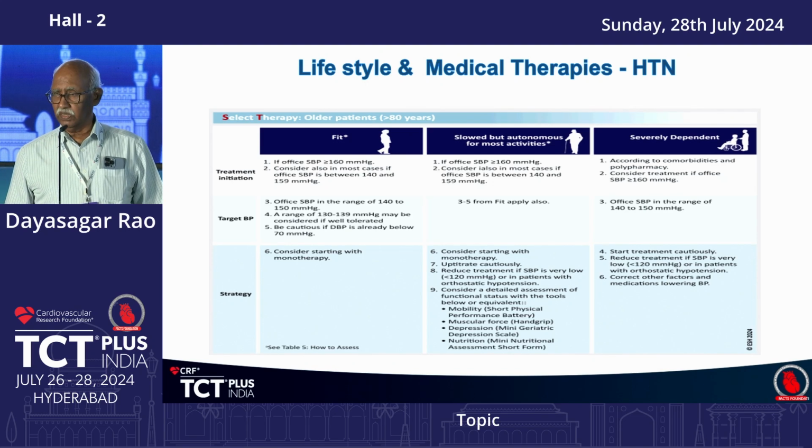It's important to remember not to push the blood pressure to 120/70 or less than that, because there is no data to show that 120/70 or 120/80 has got a better outcome compared to 130/80. And there's a real danger that you might precipitate vascular events in some of the patients.